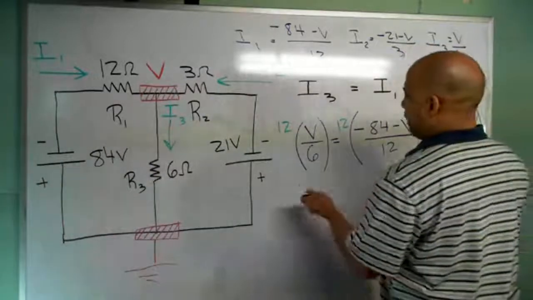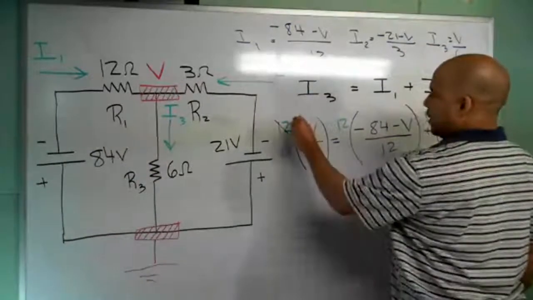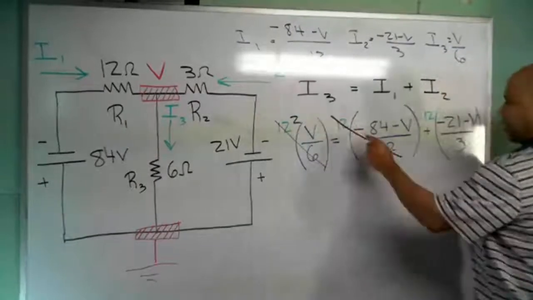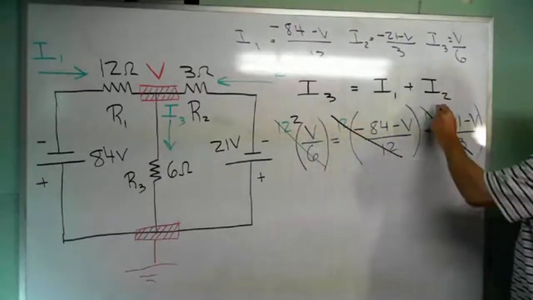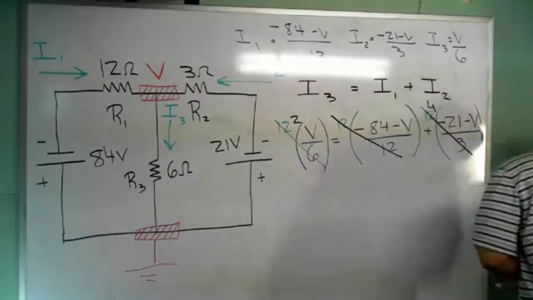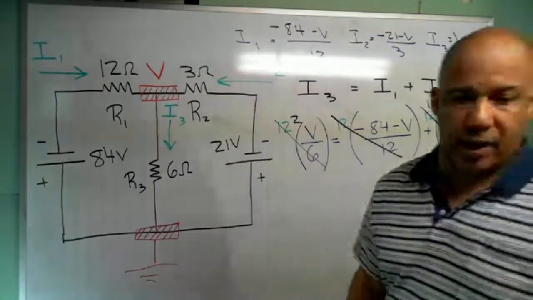If I multiply through by 12, I get a 2 here, I get a 1 there, and I get a 4 there.